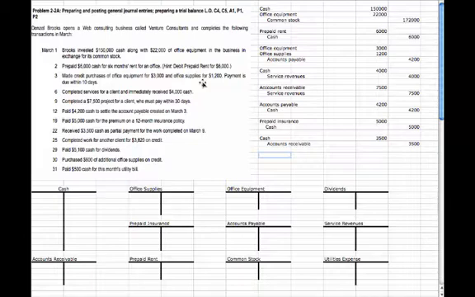So we did the work, the client hasn't paid us yet, so we're going to debit accounts receivable again, because for the work we've earned, $3,820, and we're going to credit services revenue by the $3,820. Now I'm running out of space here, but you kind of get the idea.